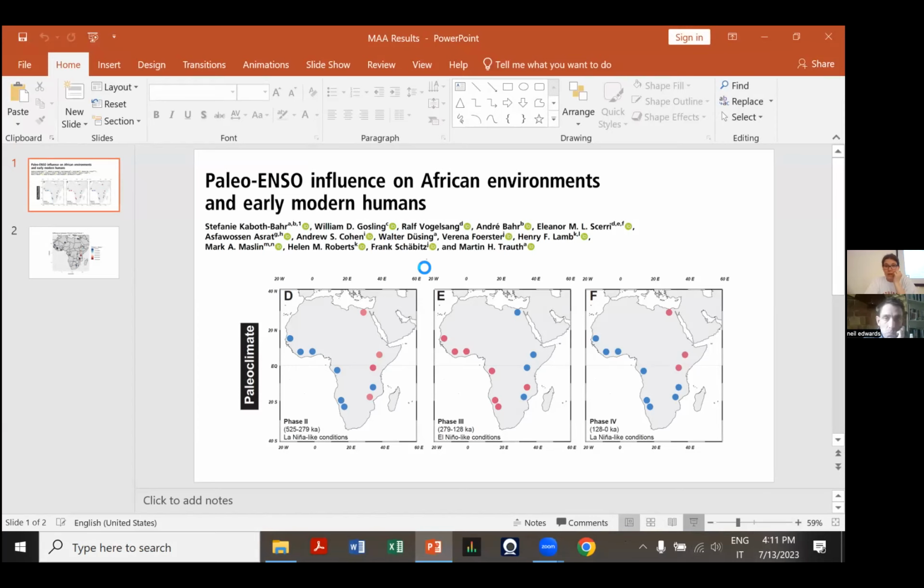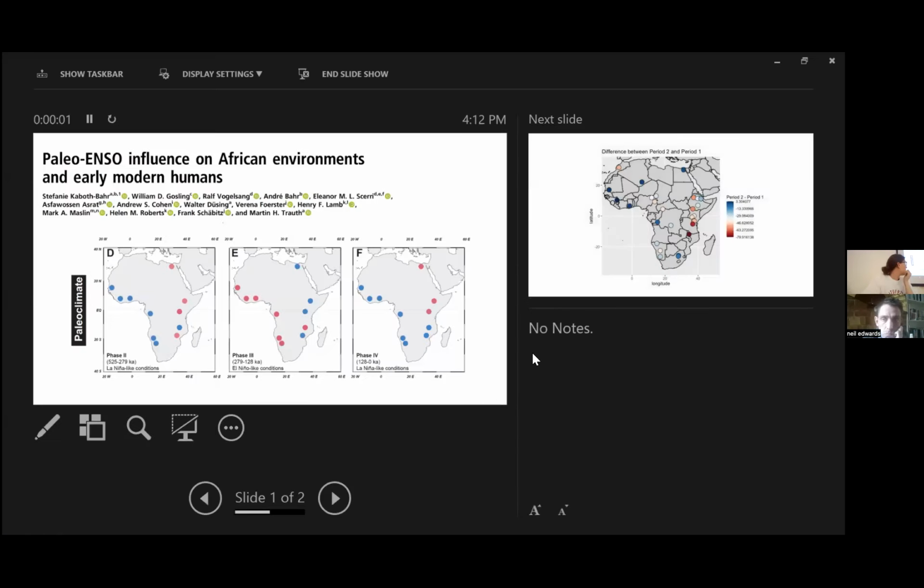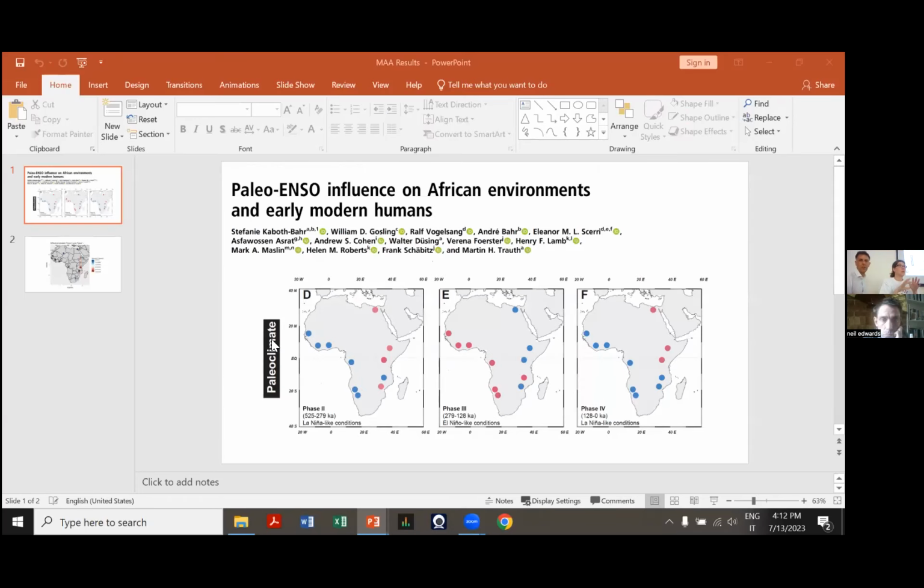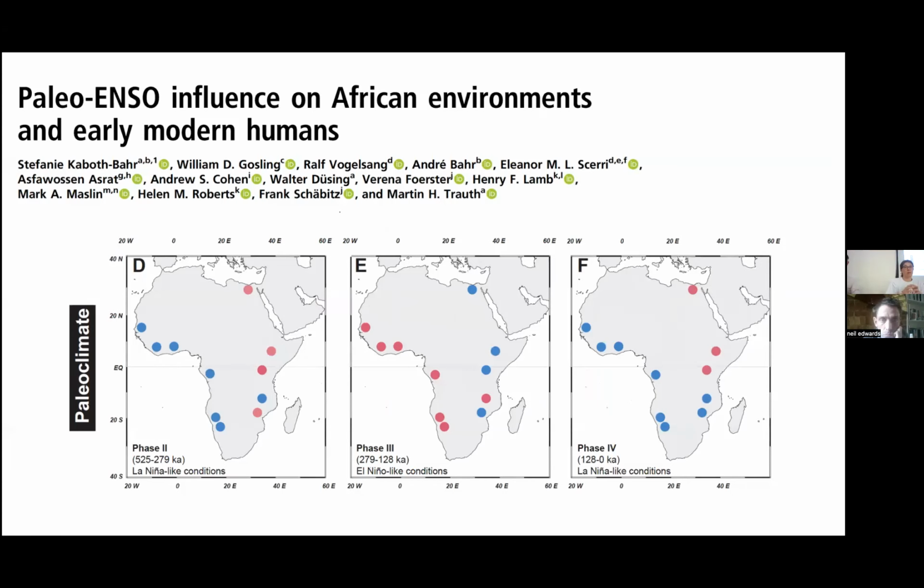Okay, so our group was trying to look at the hypothesis that you have these dominant shifts throughout the last 500,000 years that we related to paleo variability.